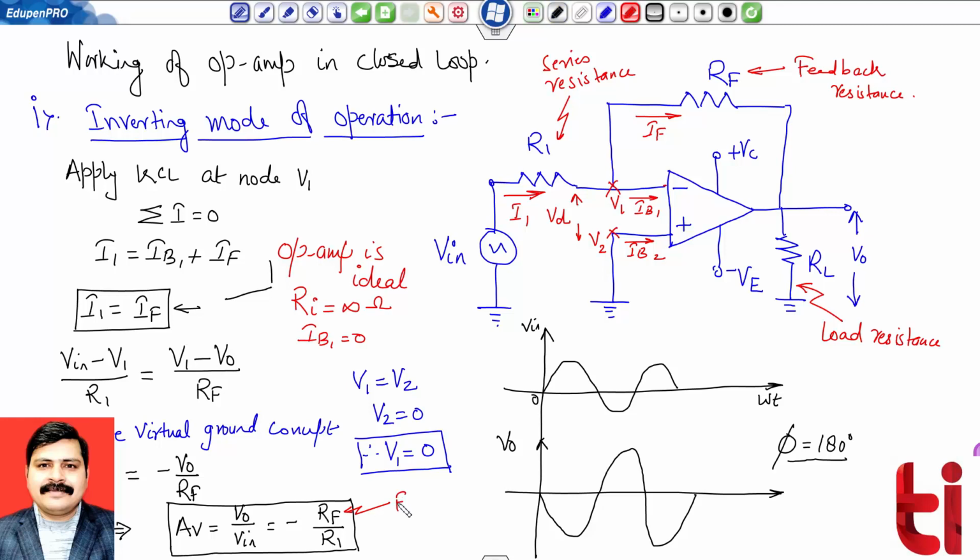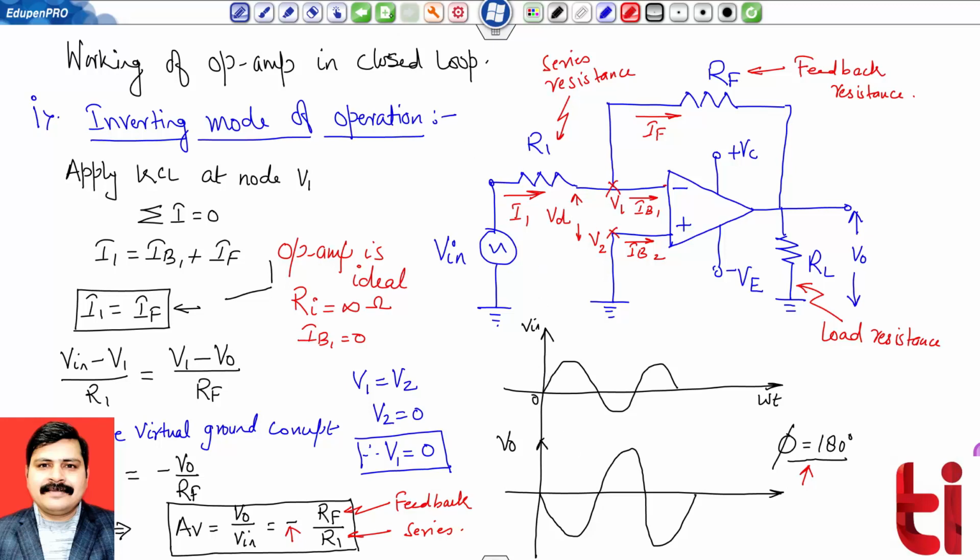RF is my feedback resistance and R1 is my series resistance. So we can control the gain of the operational amplifier using external hardware RF and R1. And this minus sign indicates a phase shift of 180 degrees. So this is the case of inverting mode of operation.